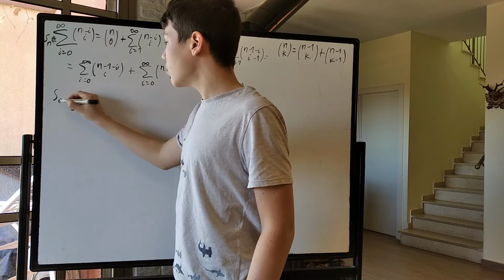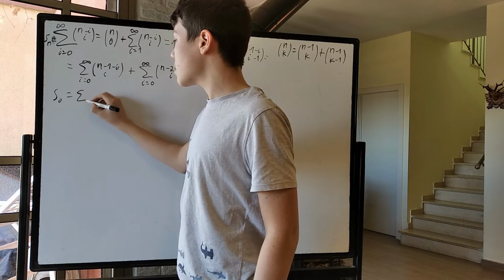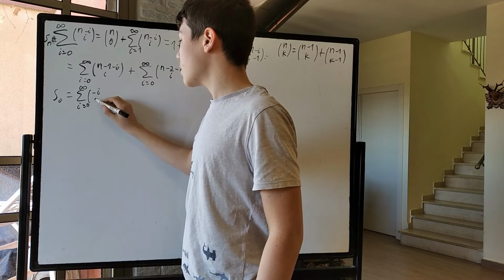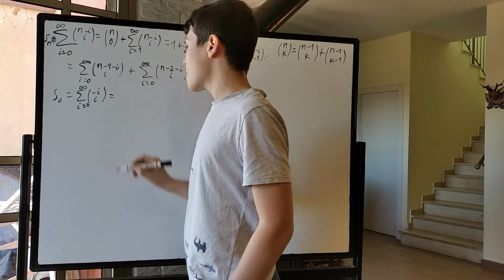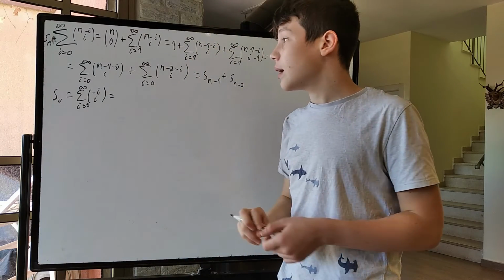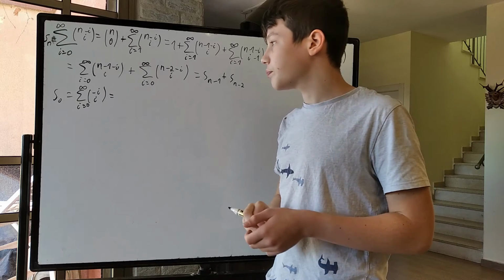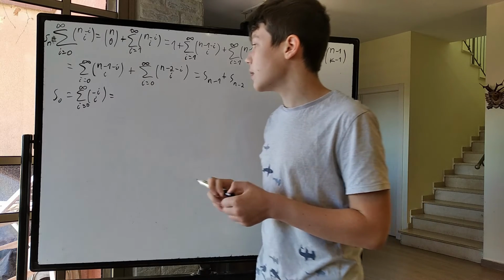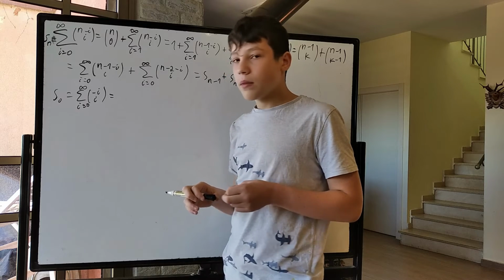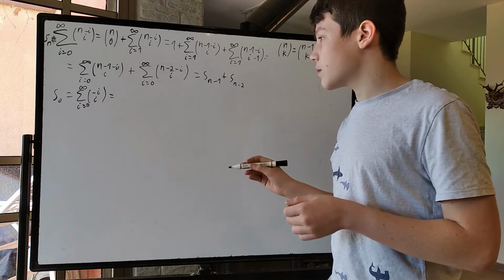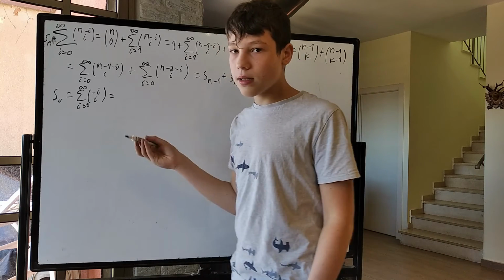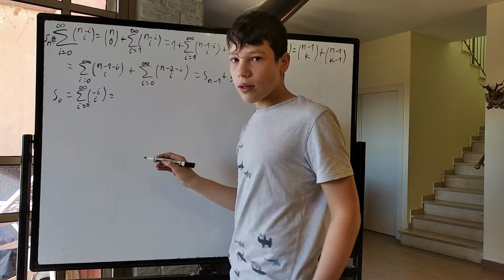So S0 gives us the sum as i goes from 0 to infinity of negative i choose i. And when you have something negative choose something positive, it's like we said, on the diagonal in Pascal's triangle.